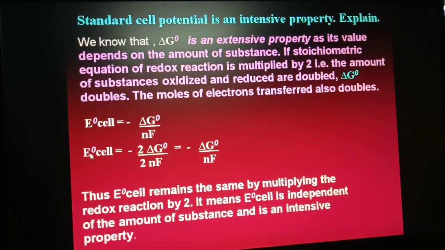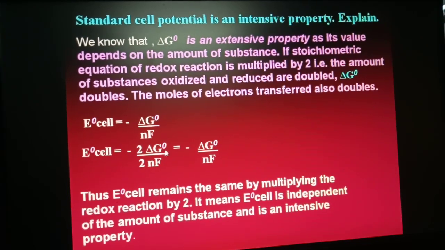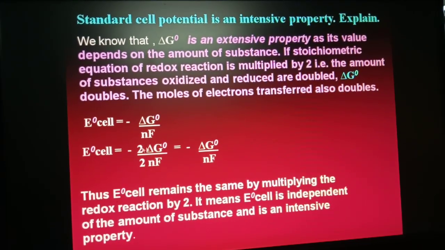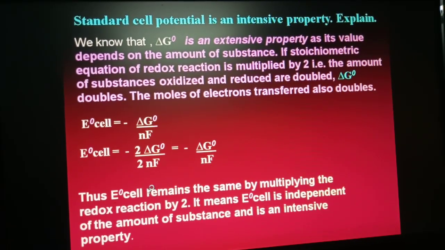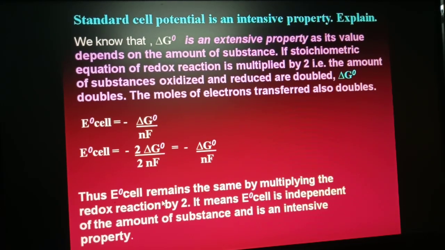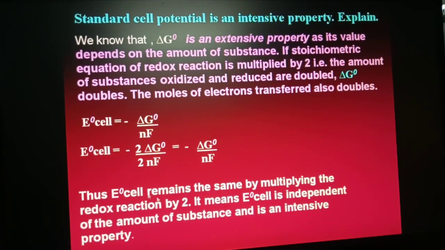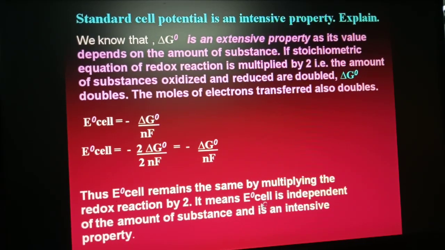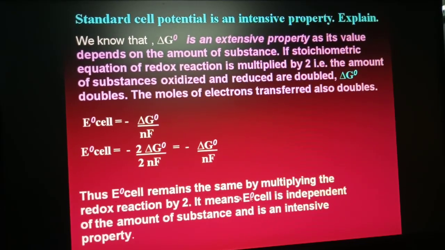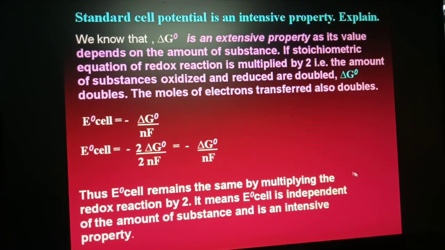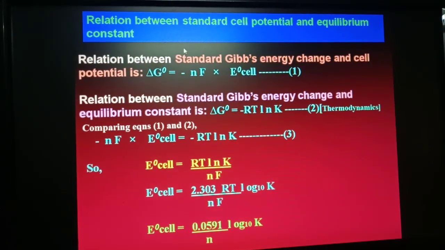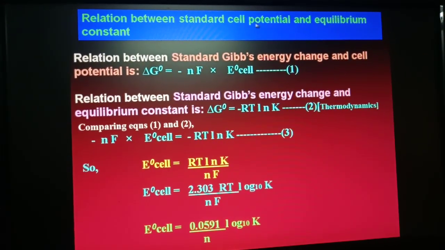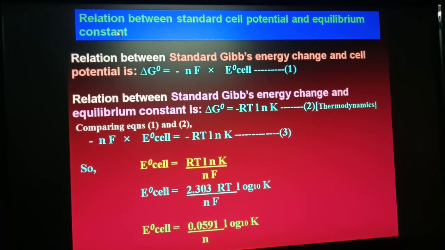This can be written as minus 2 times delta G0 upon 2 times nF. If you simplify this, you get again minus delta G0 upon nF. E0 cell remains the same by multiplying the redox reaction by 2. It means E0 cell, that is standard cell potential, is independent of the amount of substance taken. Therefore, it is an intensive property. Now let us study the relation between standard cell potential and equilibrium constant.